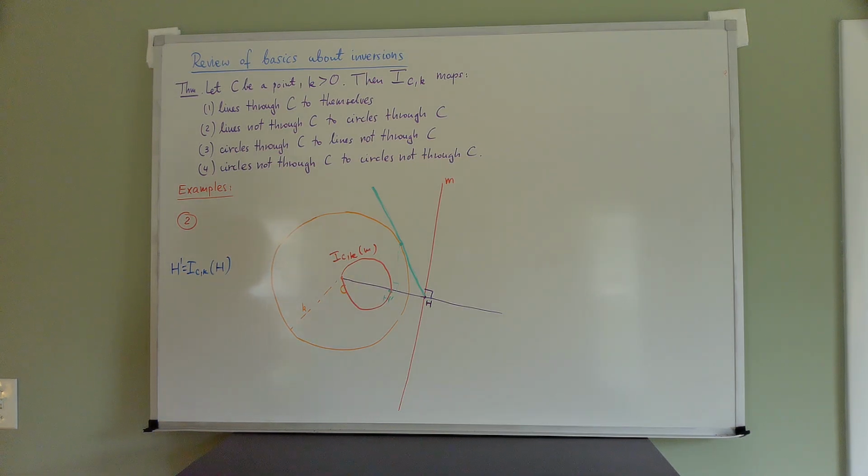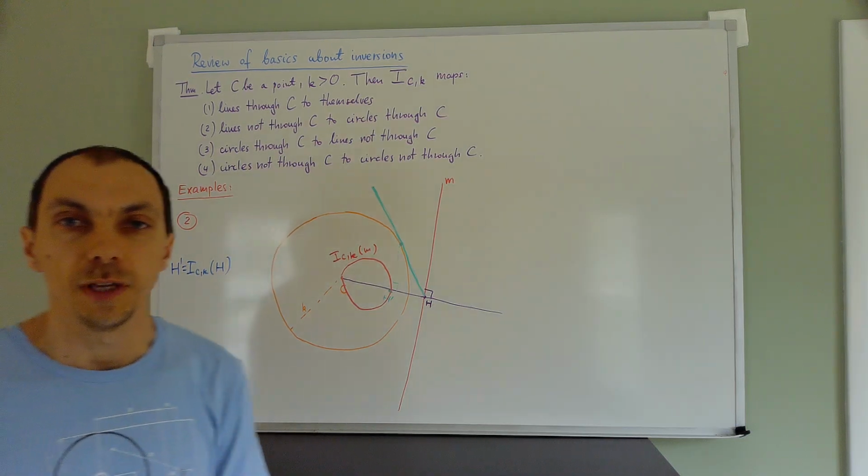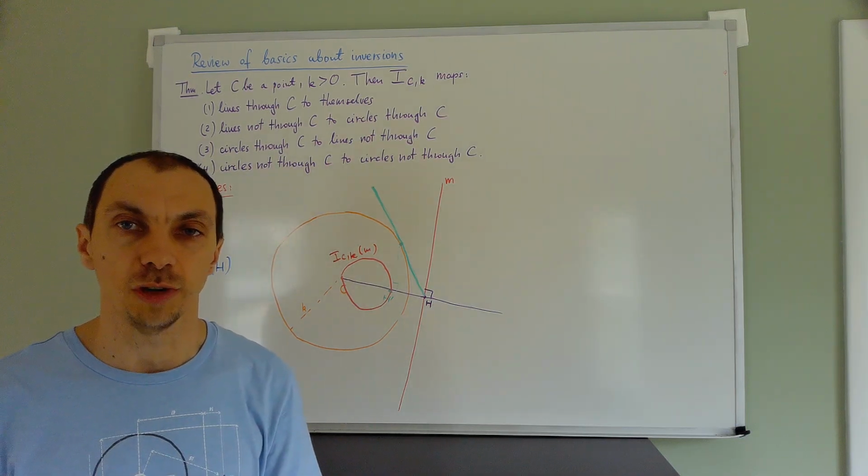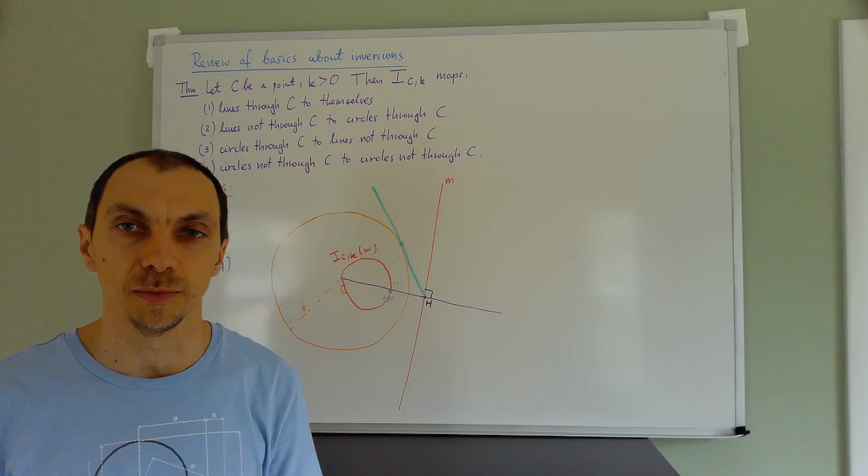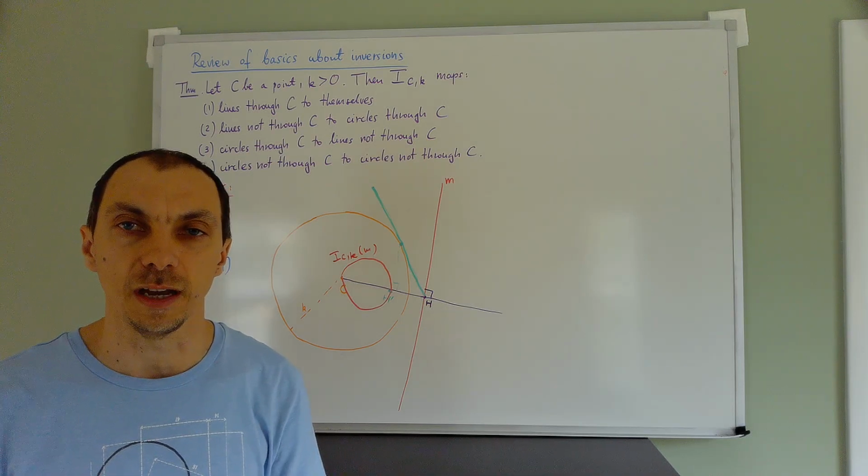So let's try to repeat this construction, but now let's move the line a little bit closer to the center so that it actually intersects the circle of inversion. In fact, if you wish to practice this, you can pause the video and try to do this yourselves, and I will do this now.